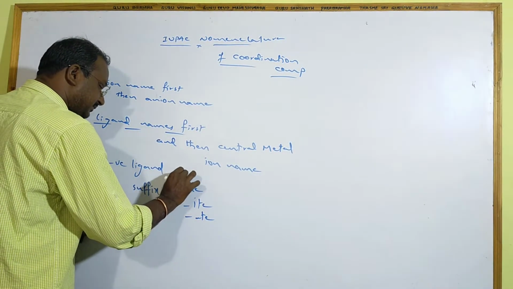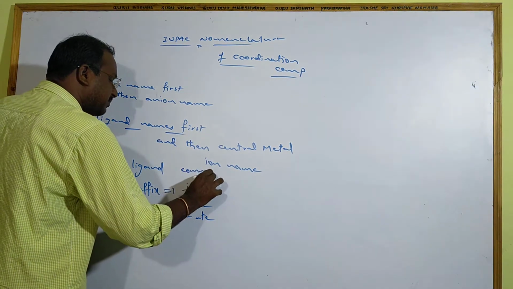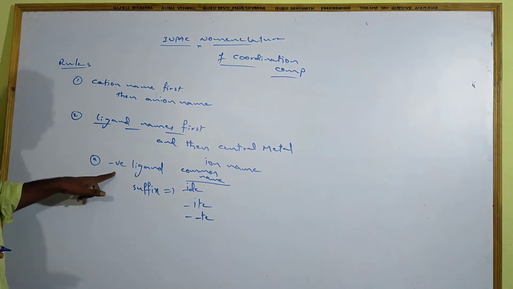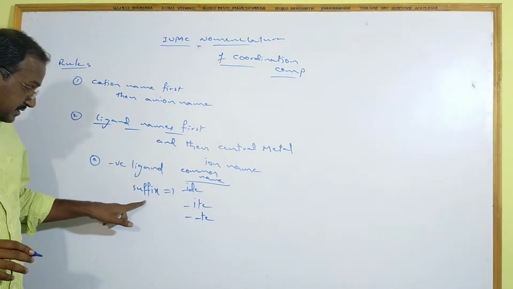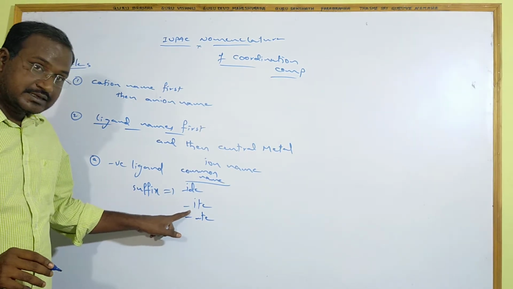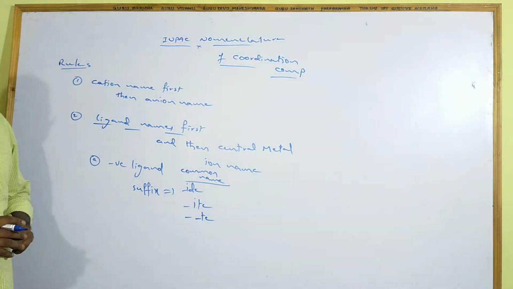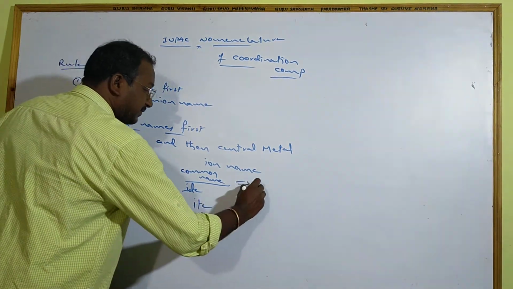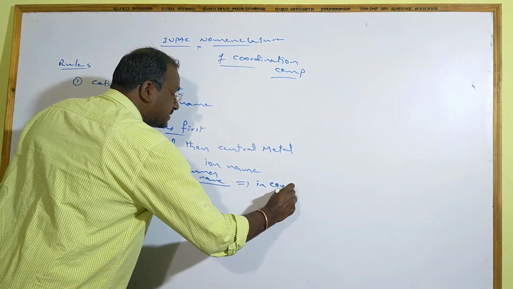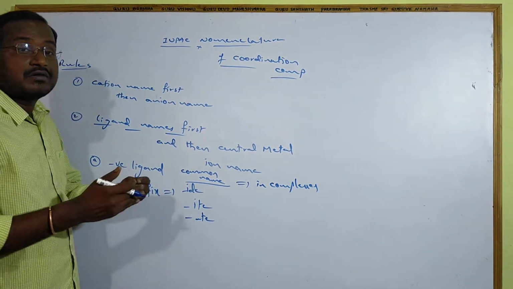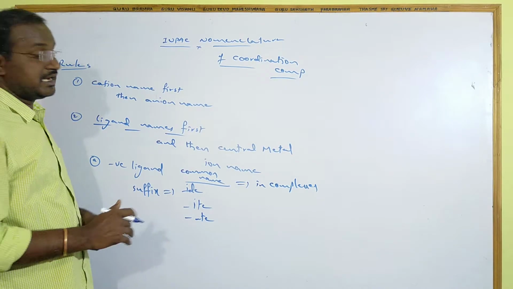This is the common name. Generally, if the ligand is negative, the suffix for that ligand will be ide, ite, ate. To write the name of the ligand in complexes, how do we write the negative ligands?